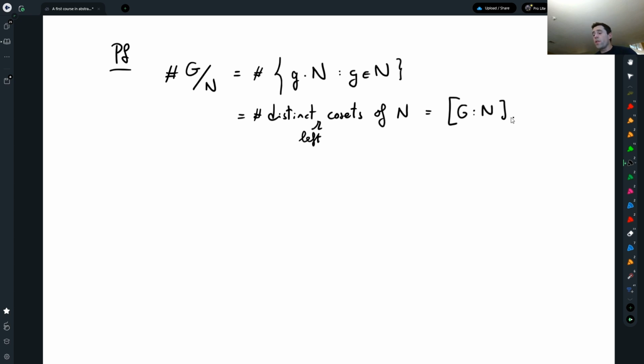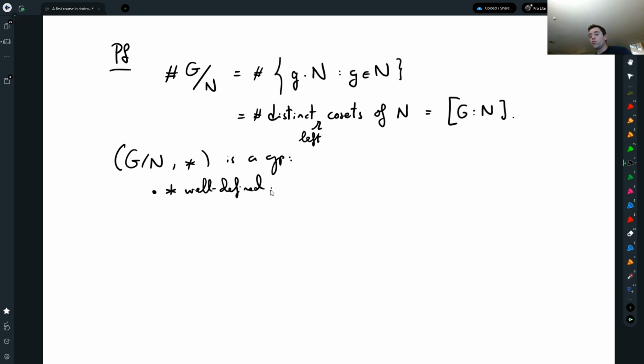Now, we want to prove that this is a group. So first, we're going to prove that this multiplication is well defined.